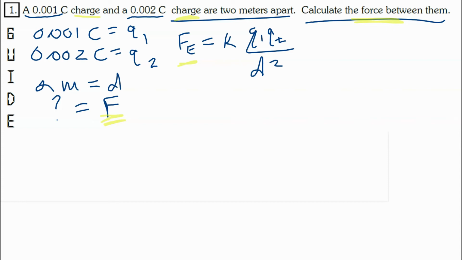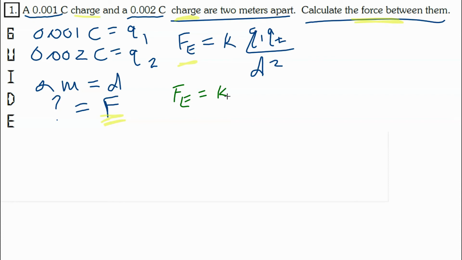I substitute the numbers and the variables, and the units with the variables rather. So for this next step, my electrical force is equal to, and I always, for whatever reason, put the K value as the last number that I work through in solving these problems. So Q1, Q2.